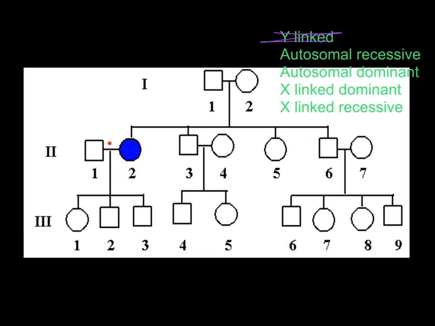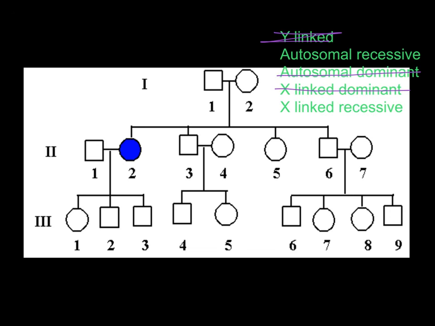Because this person who is affected has two unaffected parents, we know already that we can cross off autosomal dominant and X-linked dominant from our list because a dominant allele would show up in every generation as it moves down the pedigree chart. Now, could this possibly be an autosomal recessive disorder?